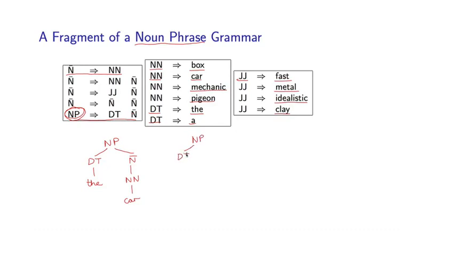So again, I have NP goes to determiner N-bar. And now I'm going to make use of this rule, which says an N-bar can be formed by an adjective followed by an N-bar. So I'll use this rule.